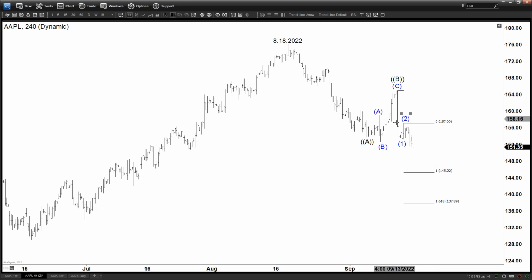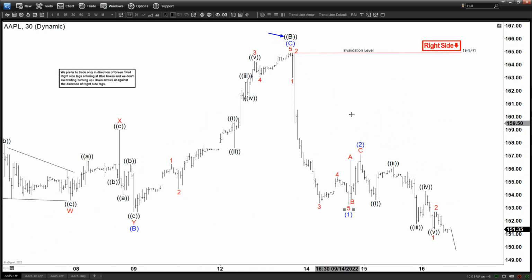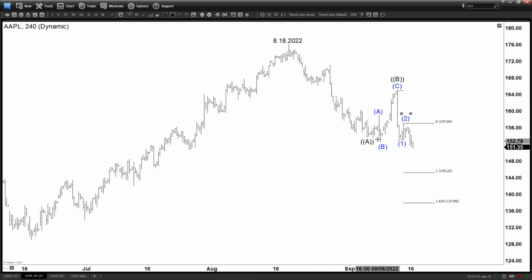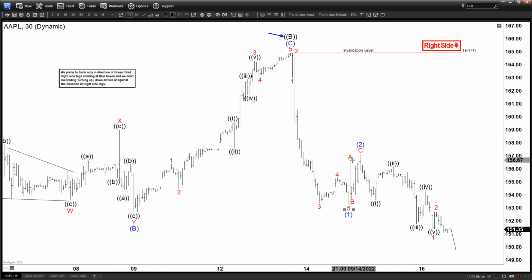So if you want a shorter cycle then 145 seems to be achievable, as long as we can continue to go down and stay below this 164. So this is the key level. The P here is going to be the key level for the downside. Okay.